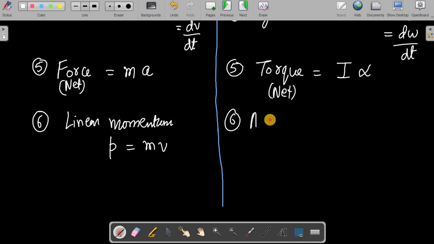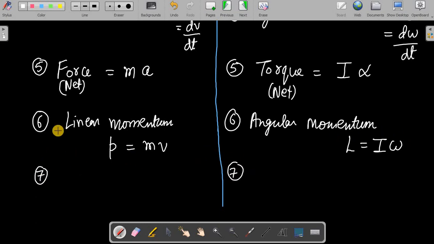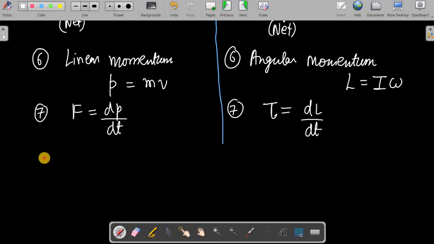Here angular momentum is, instead of mass, I, instead of v, omega. Okay. Then we can define, just like force is rate of change of linear momentum, dp by dt, in the same manner, torque, meaning net torque only, is rate of change of angular momentum. Right?